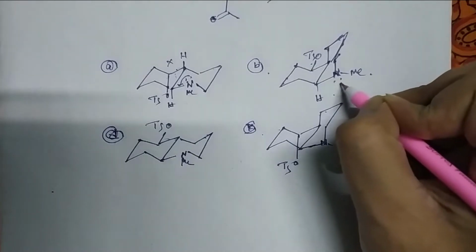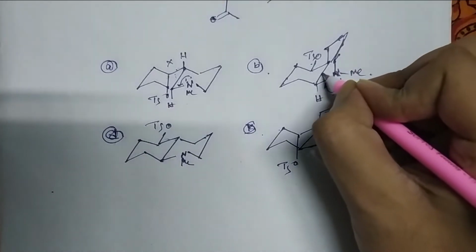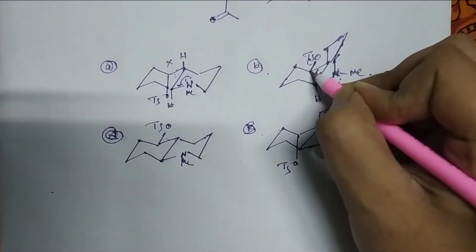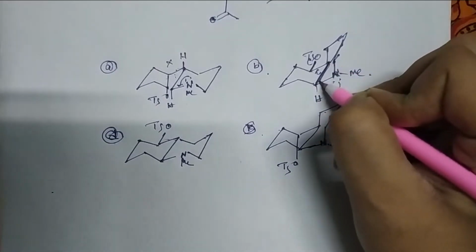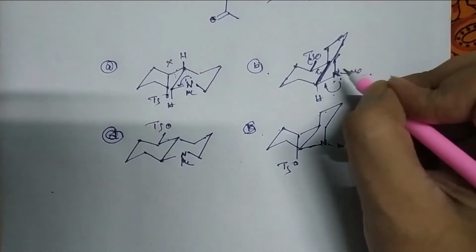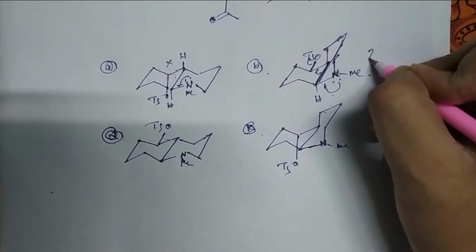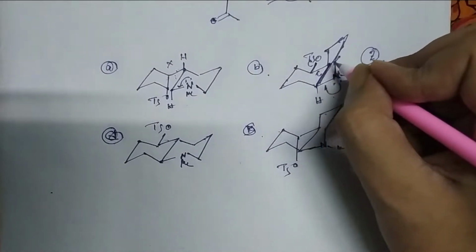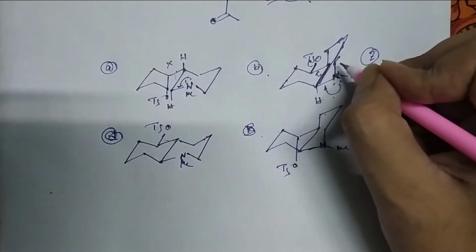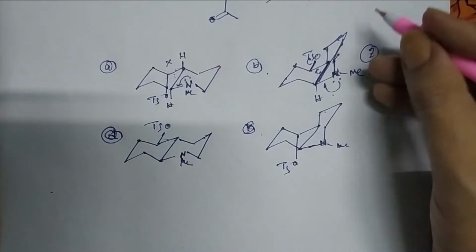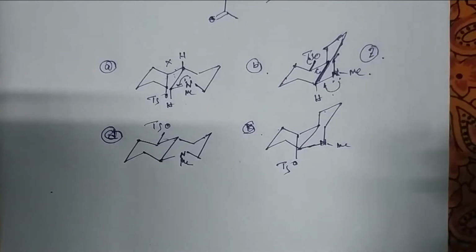Now just see here, if this donates here, this bond goes here, and OTs goes. Here these two bonds are perfectly oriented, but that will give rise to a Z isomer, because the double bond will be here, but both the higher priority groups will be on the same side, so that will be cis, that will be Z, not E.